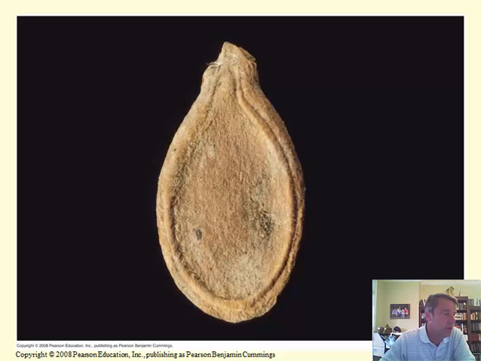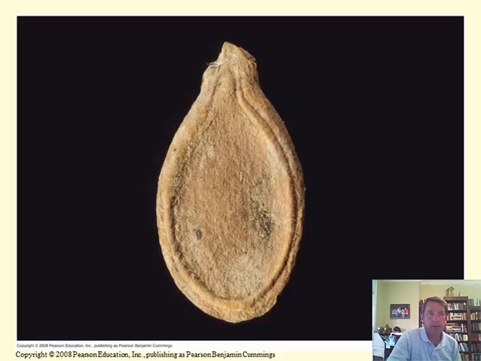We are now going to look at the most complex in the plant kingdom, and that is the seed plants. Seed plants are usually divided into two groups. We're also going to move on into fungi in this podcast as well. But the seed plants are the most complex plant.